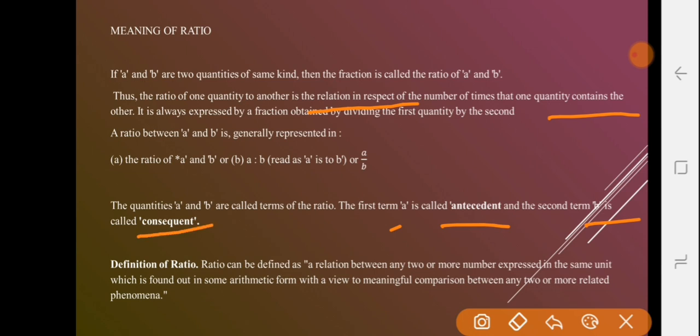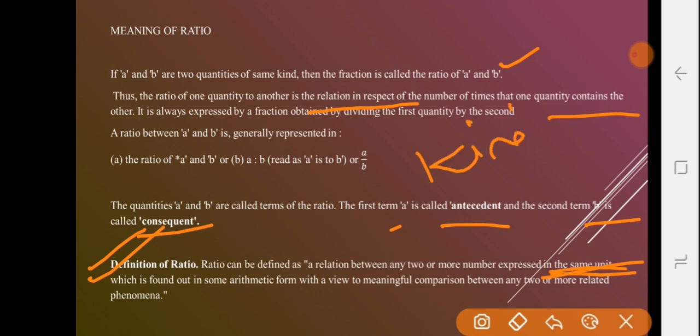Here I have given the definition of ratio. Ratio can be defined as a relationship between any two or more numbers expressed in the same unit. So same unit is very important. It is found out in some arithmetic form with a view to meaningful comparison between any two or more related phenomena. So for a meaningful comparison, we should have the same kind.